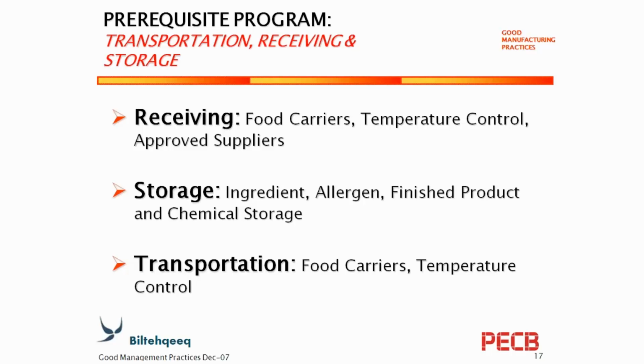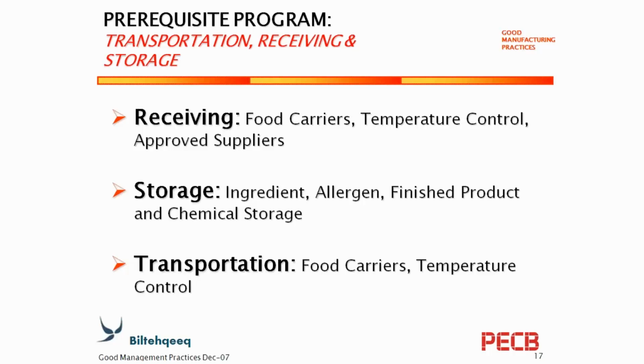So the food carriers, temperature control, approved supplier, you have to control all these things. Maybe the food is good, but if during the transportation or receiving you are not taking care of the temperature, it can destroy the quality of the food.